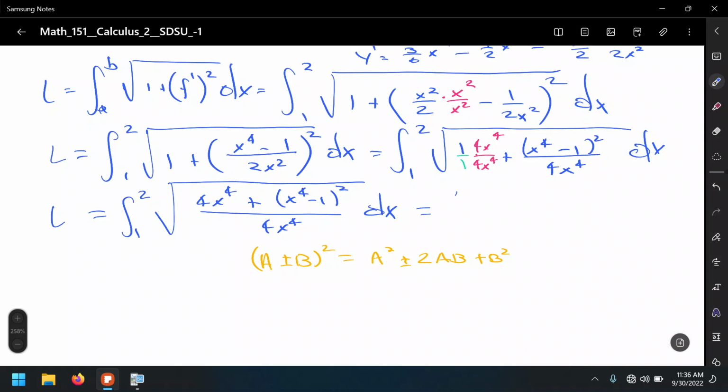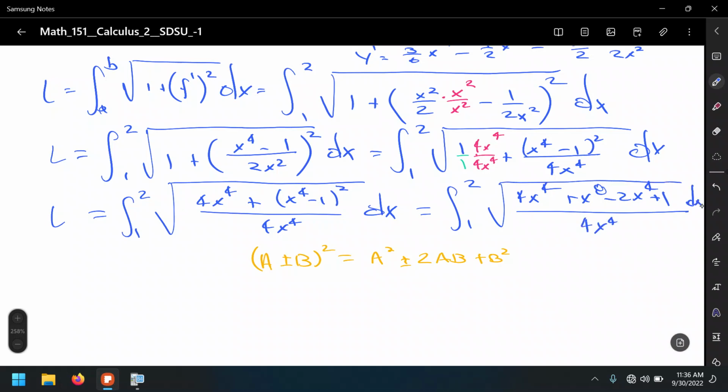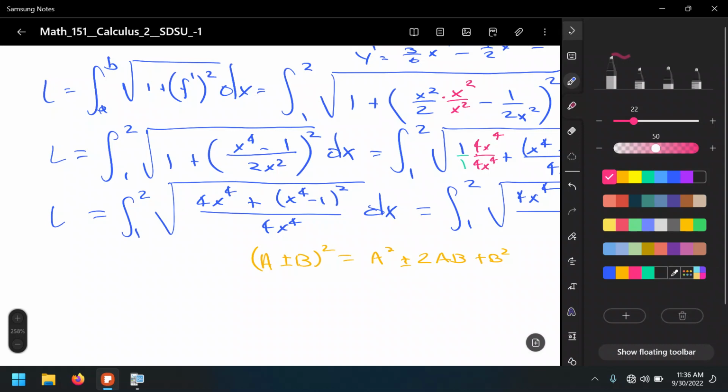So this will be the integral from 1 to 2 of the square root of 4x to the 4th plus x to the 8th, then x to the 4th times 1 times 2, that's minus 2x to the 4th, and then 1 squared, which is 1, whole thing divided by 4x to the 4th, with respect to x. Let's combine like terms in the numerator of the radical.